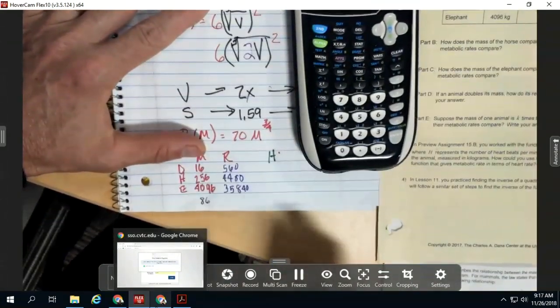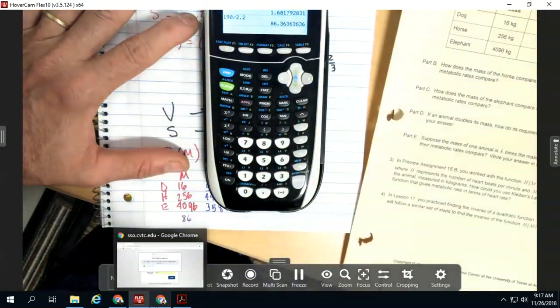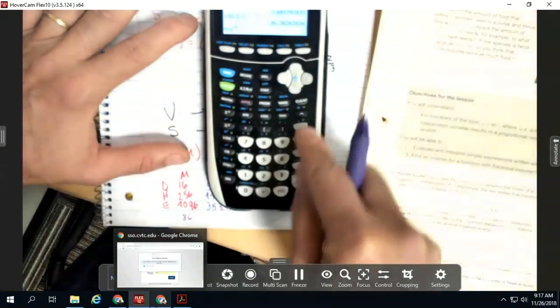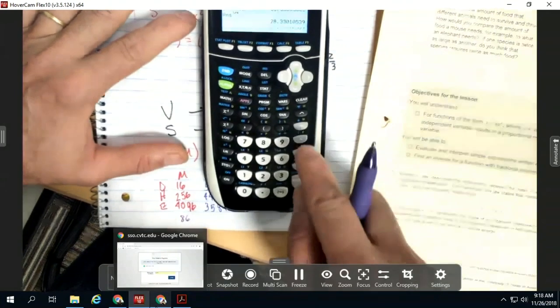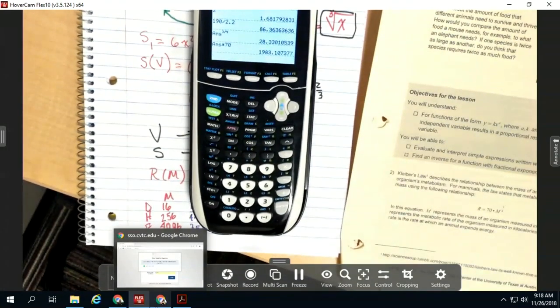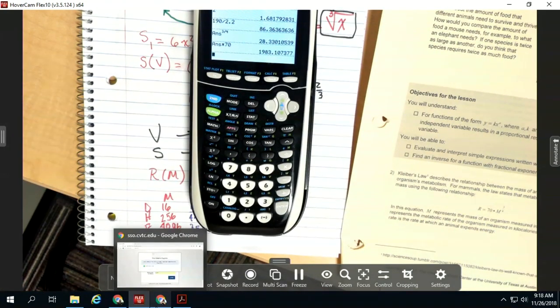So 86, and I have to take that to the 3/4, and then multiply that times 70, and it's saying I should get about 1,983 calories. Do it for you and see how many calories you should burn. So take your weight, divide by 2.2, and then to the 3/4 times 70.